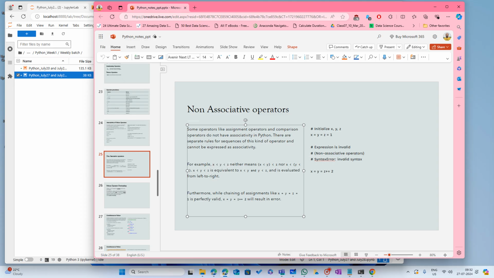Or from right to left, 4 is greater than 3, which is greater than 2. Both are the same. That's why less than and equal to operators don't have any associativity. That's what this slide is about.